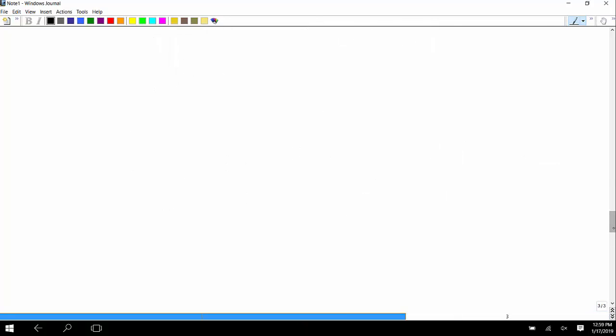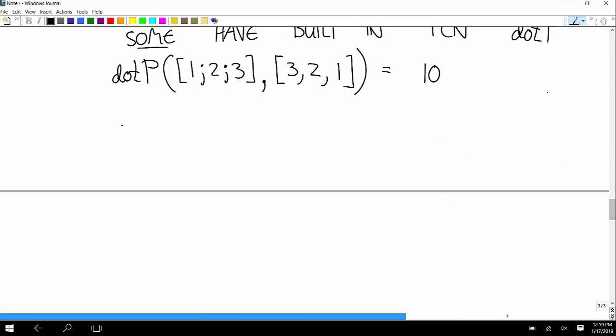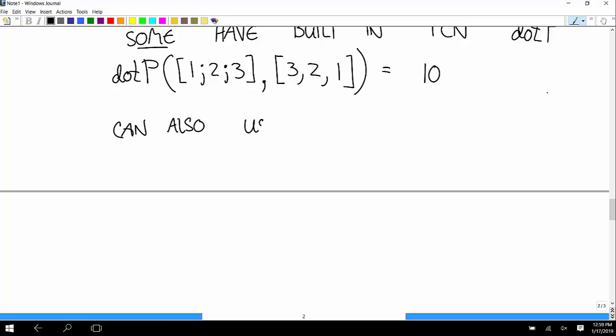Another way you can do it, you can see if you like this approach. You can use the regular multiplication button.